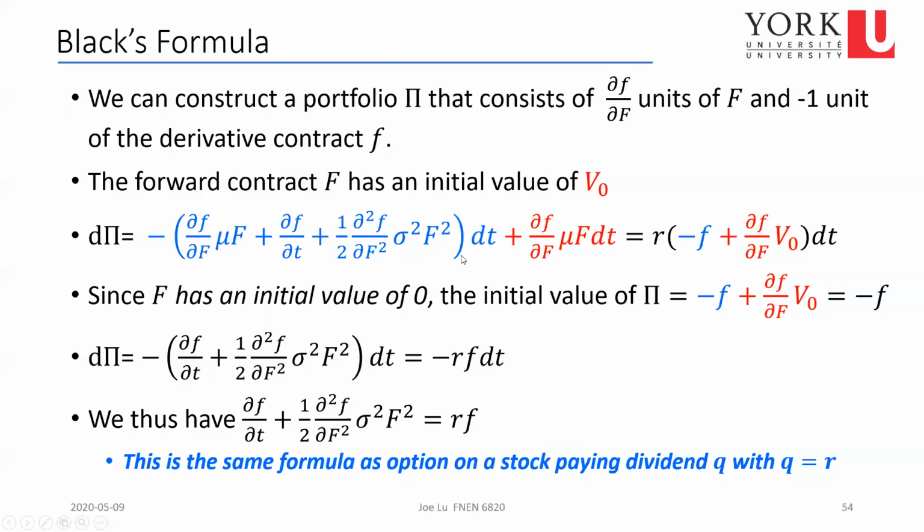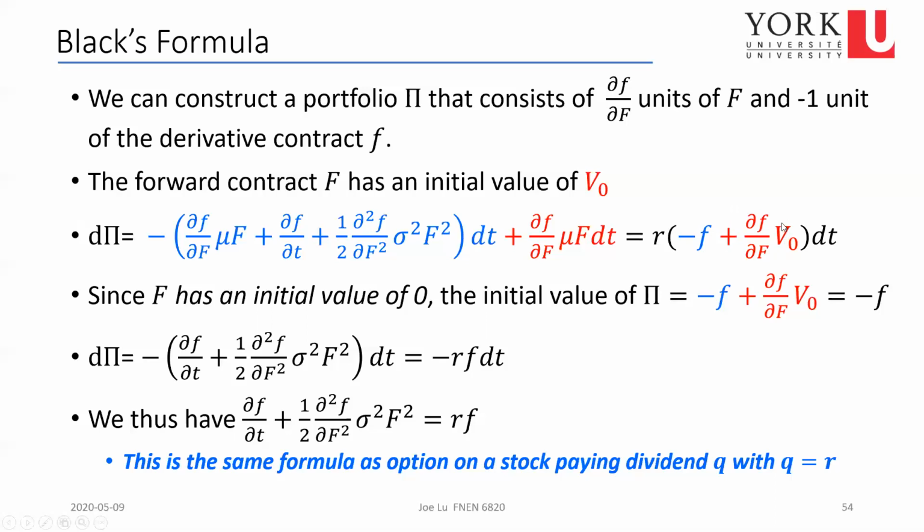The blue one is really the change of the price of the derivative contract, and here is the change of the value due to the change of the price of the forward contract. Because it's deterministic, the portfolio must grow at the risk-free rate.